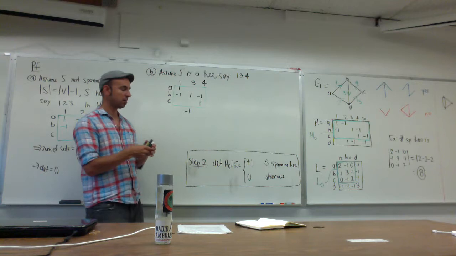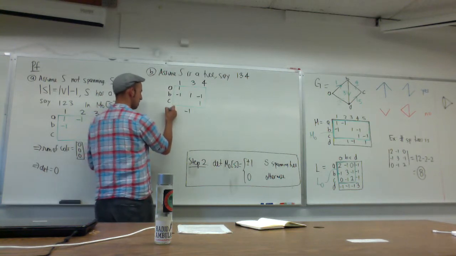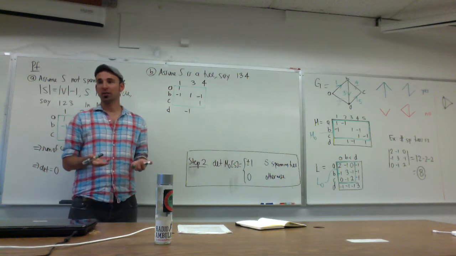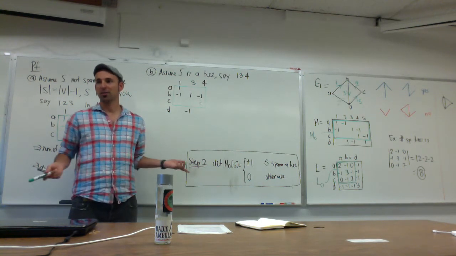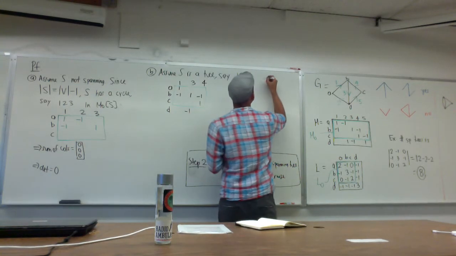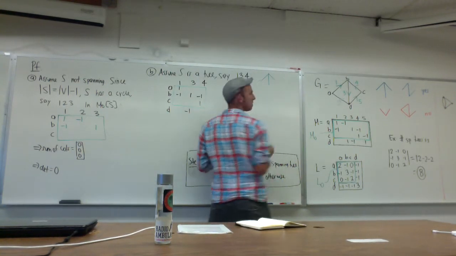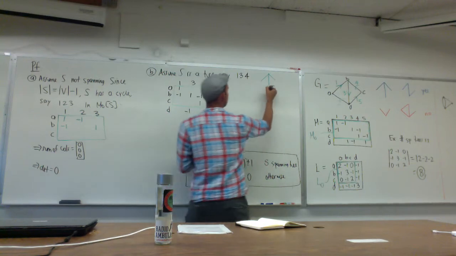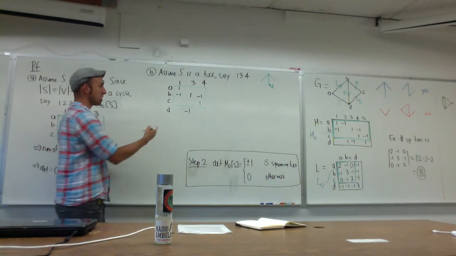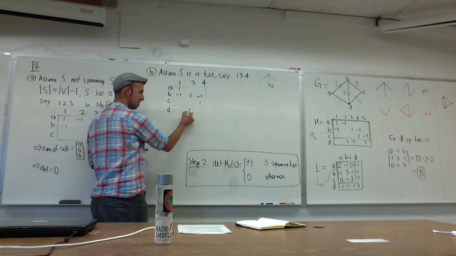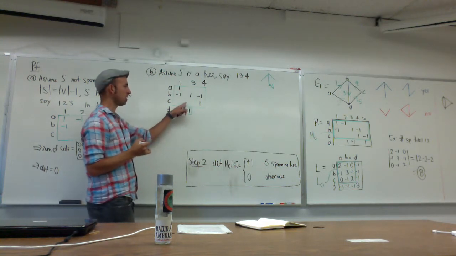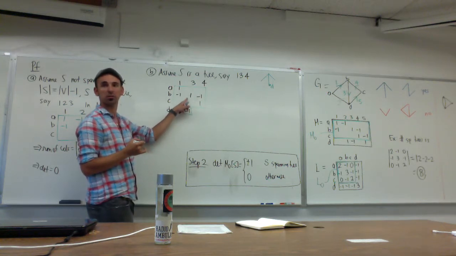Why is that? The reason is that in my spanning tree, D is connected to somebody, right? Let's draw the graph here. So 1, 3, 4 looks like this. D is connected to the rest of the tree, and so that means that there's an edge, in this case 3, that has an entry here, and therefore in my matrix only has one entry.